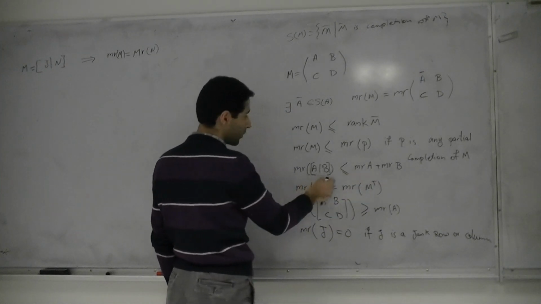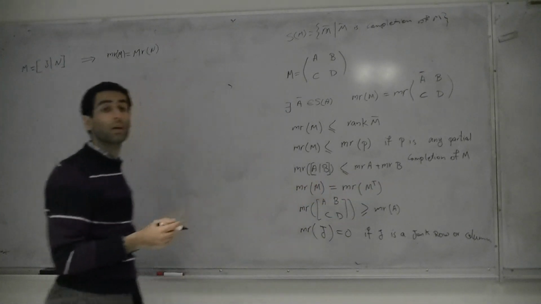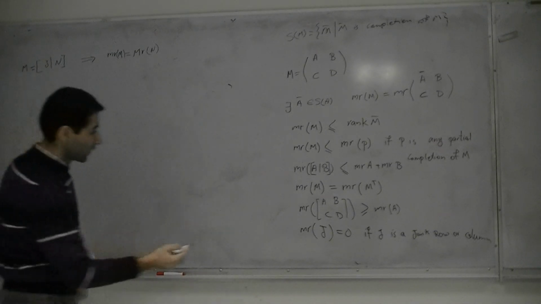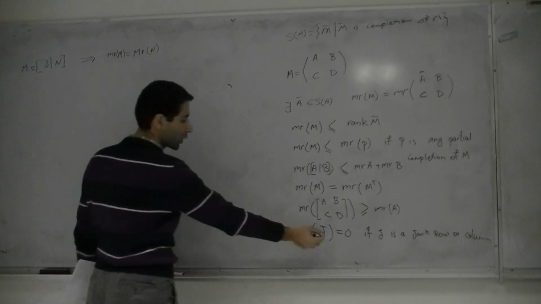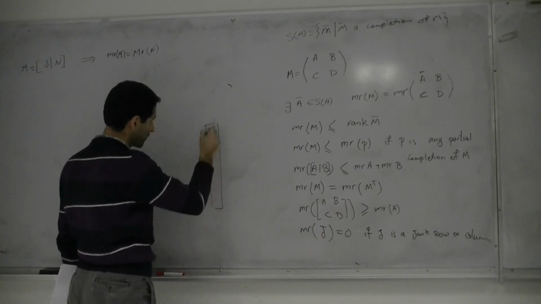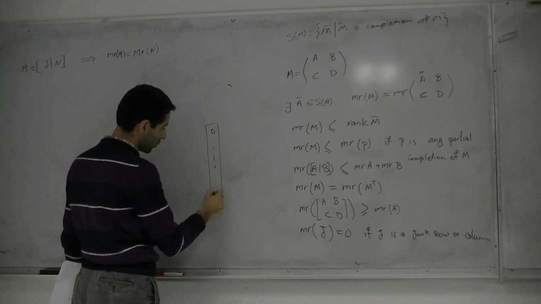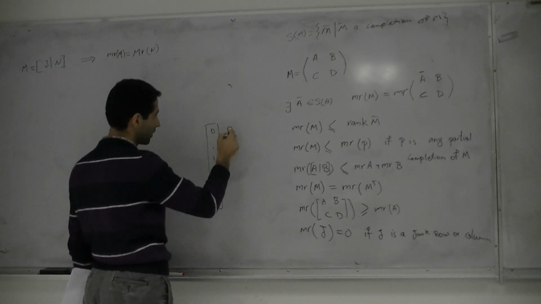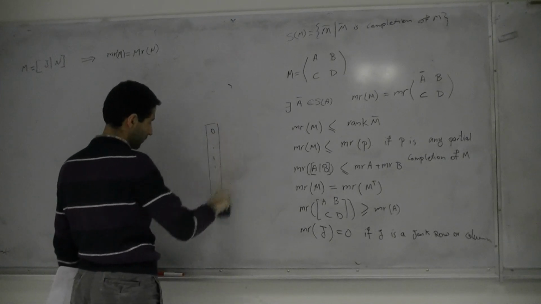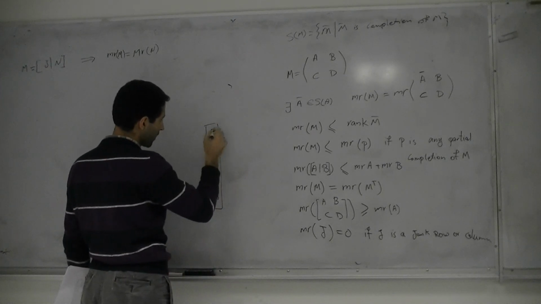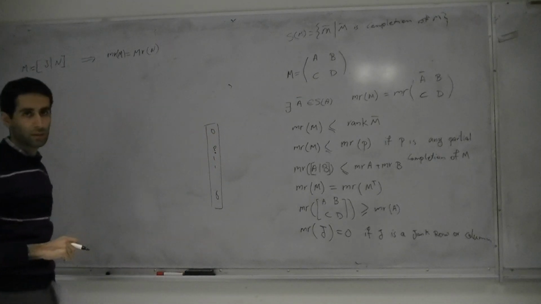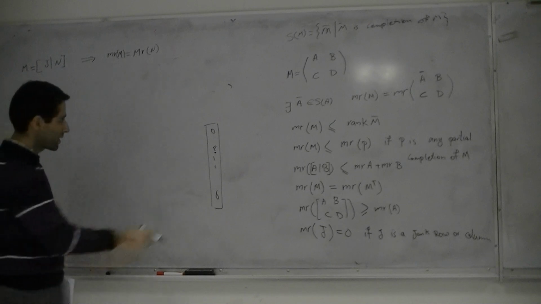What is a junk row? Junk row or junk column is, for example, something like this: all 0, or a combination of 0 and unknown elements. This element is junk.